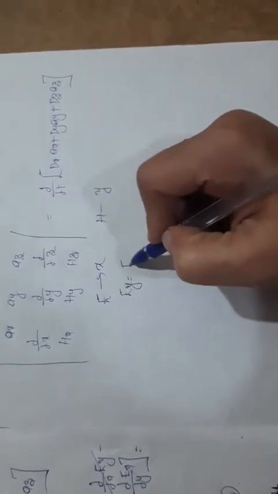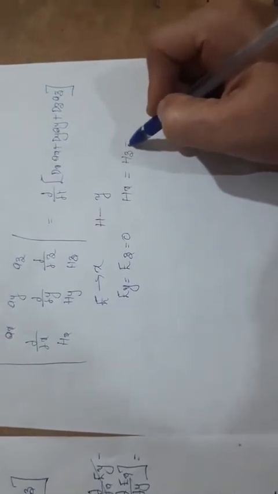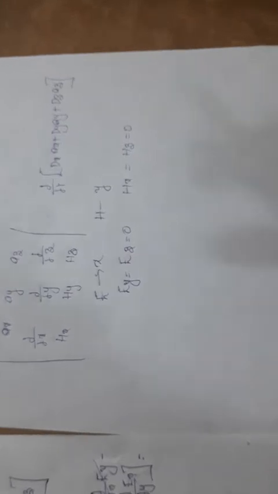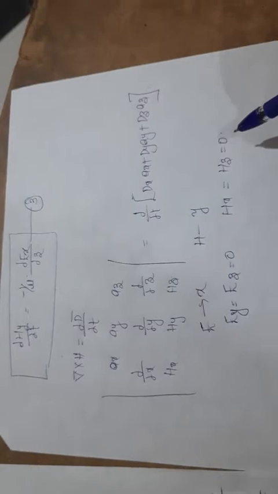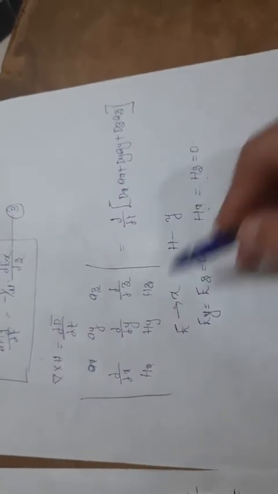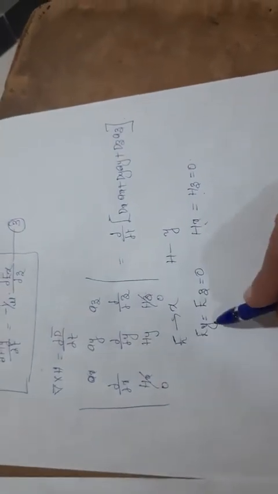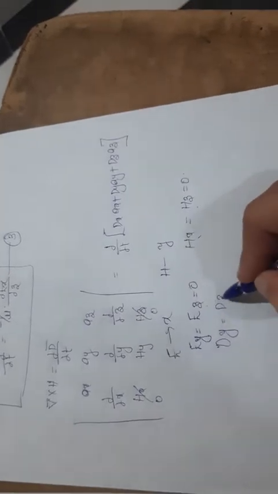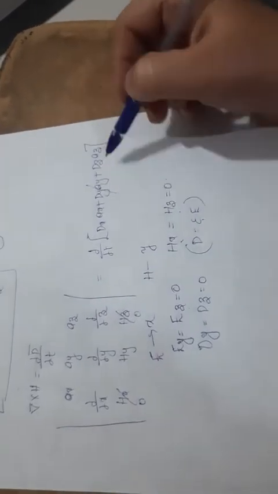So here also Ey, Ez are 0, Hx, Hz are 0. Directly substitute 0 here. And Ey, Ez 0 means Dy, Dz are 0, because we know that D is equal to epsilon E.